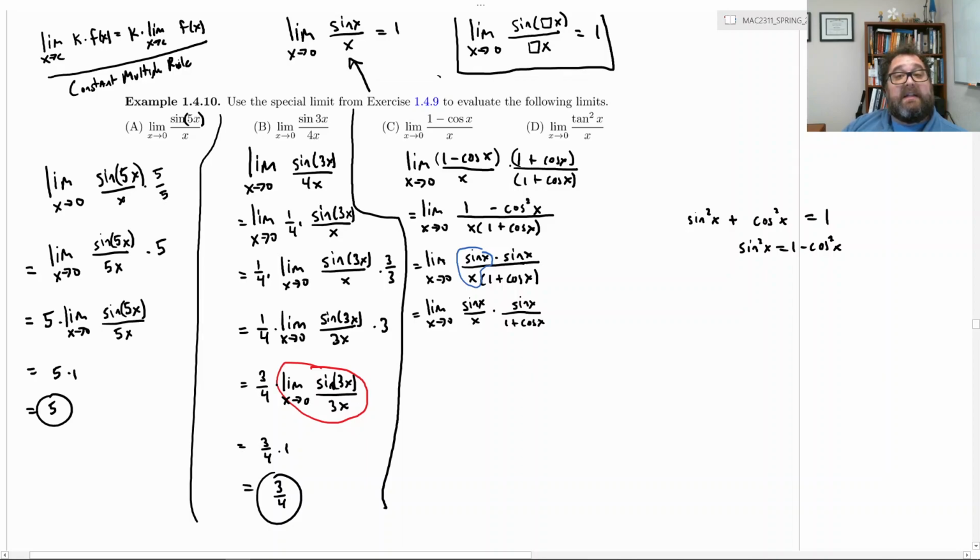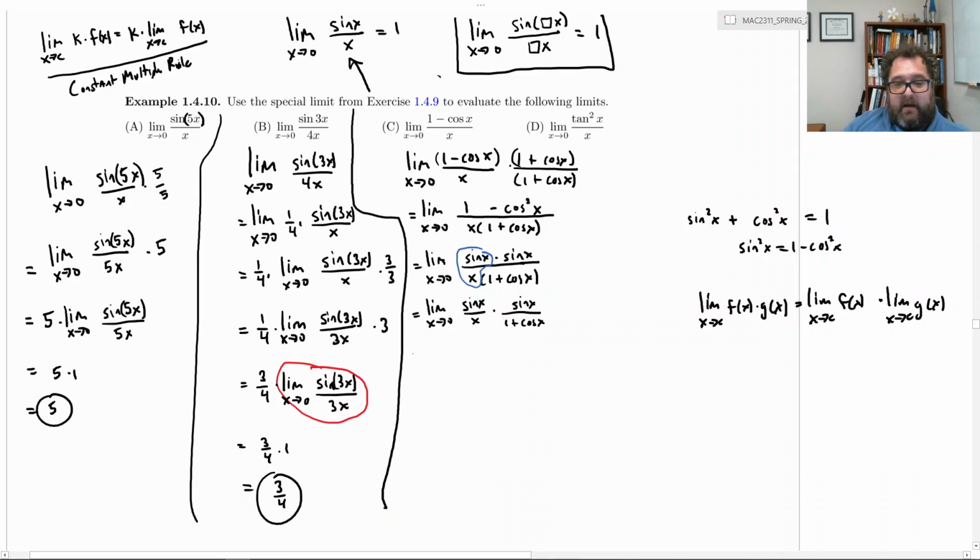But now we have the limit of the product of two functions. We have a limit product rule. It says the limit as x approaches c of f of x times g of x equals the limit as x approaches c of f of x times the limit as x approaches c of g of x, provided the two limits exist. That says we can take the limits individually.